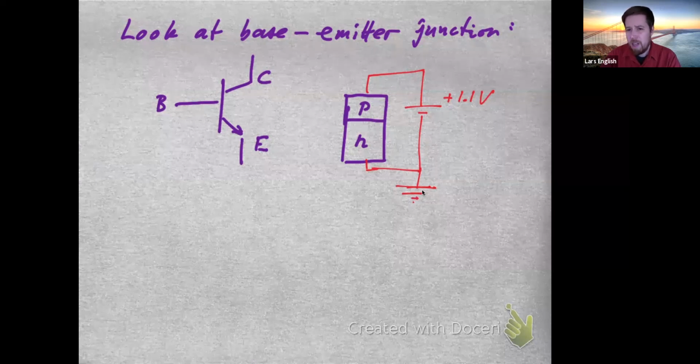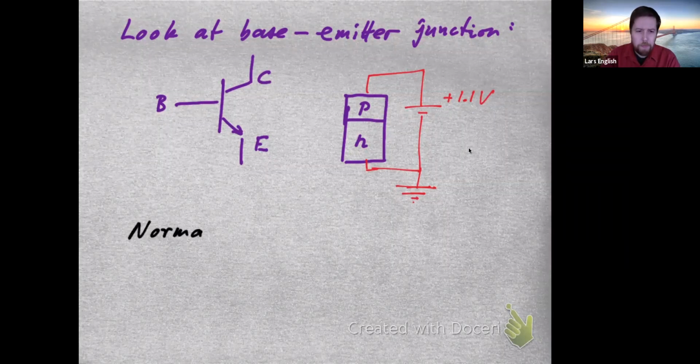In the case where there's very little current flowing, you get something like this, wouldn't you? Is that forward bias or reverse bias? Here we have the base at 1.1 volts and the emitter via a resistor connected to ground, which is 0 volts. Is that forward bias or reverse bias?